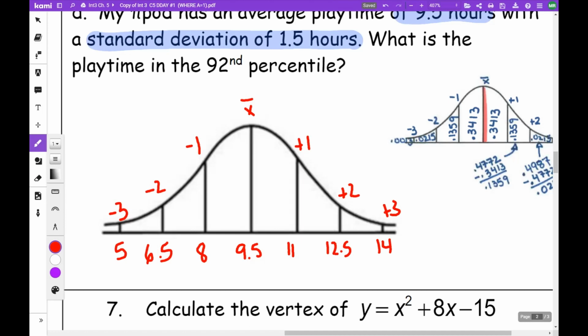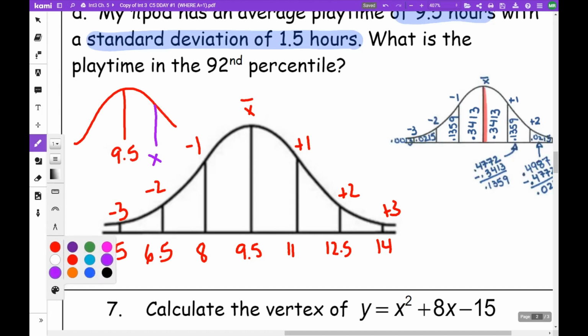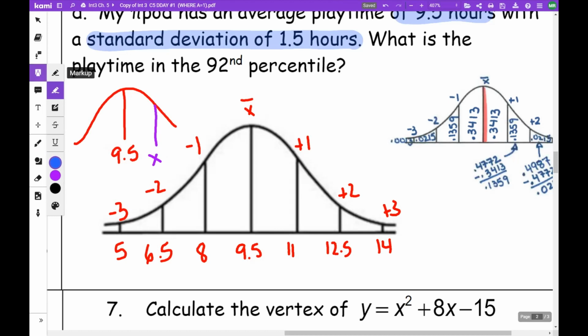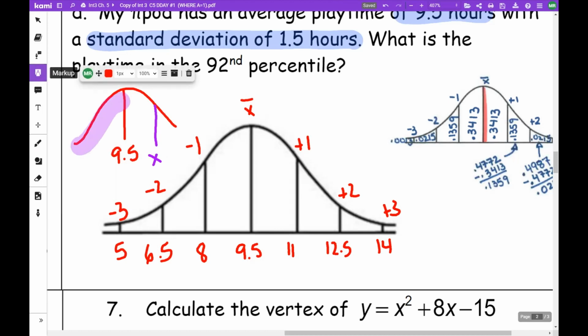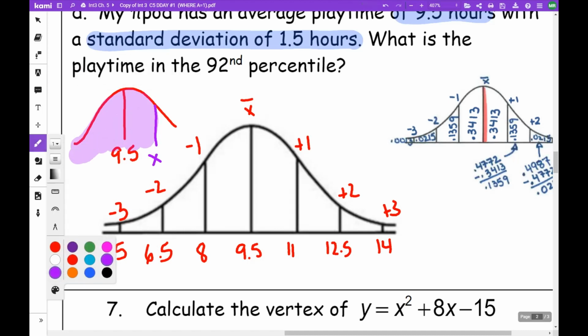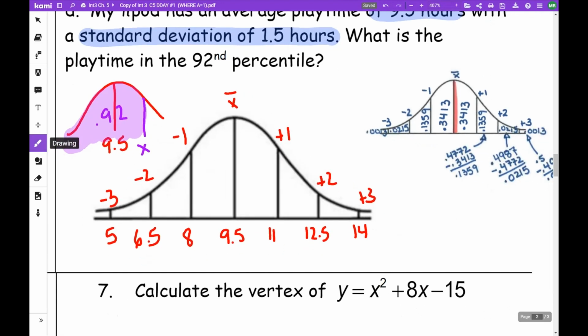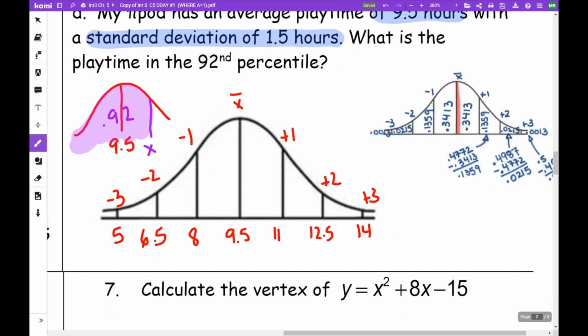Okay. So basically, if this is my mean, which is 9.5, I want to figure out where this needs to be so that 92% is beneath this. So this right here needs to be 0.92. That's what I'm looking at. If I'm just thinking about over here, going from here to here is 50% or 0.5.